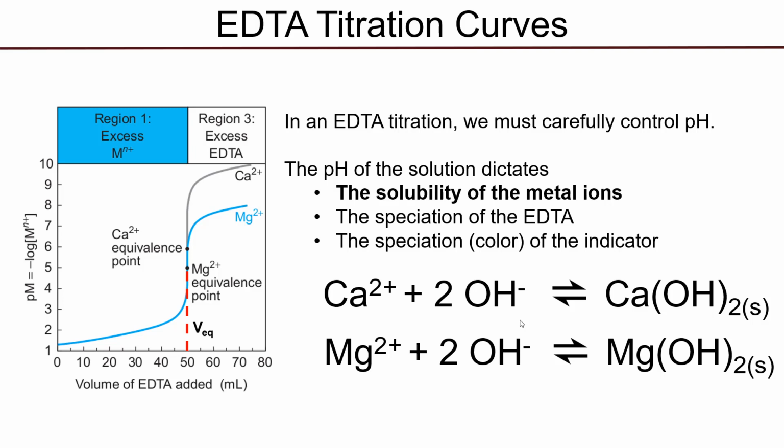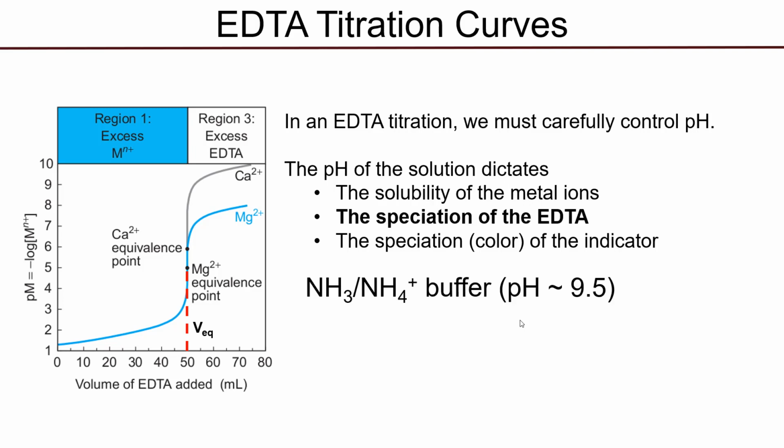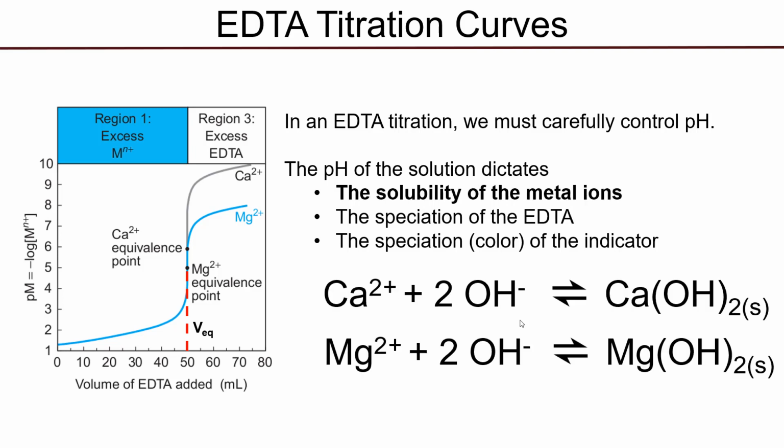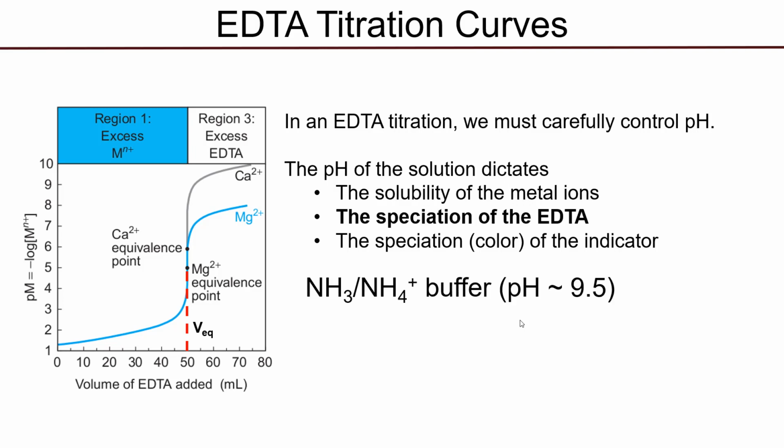But that's not going to work either, because of the speciation of EDTA, which is a hexaprotic acid. We need the fully deprotonated form of EDTA, or close to it, to run an effective EDTA titration. Therefore, while our metal ions are going to be guaranteed to be soluble and unprecipitated at low pHs, EDTA is going to complex best at relatively high pHs, between pH 8 and 10.